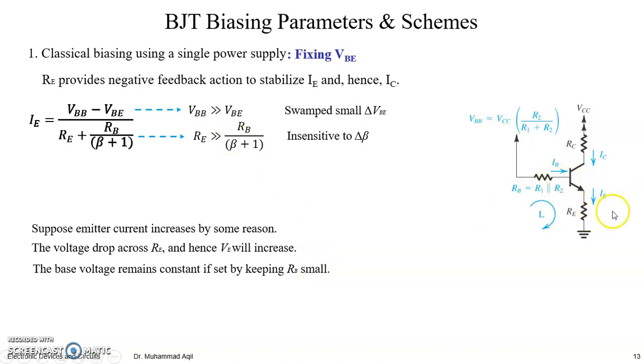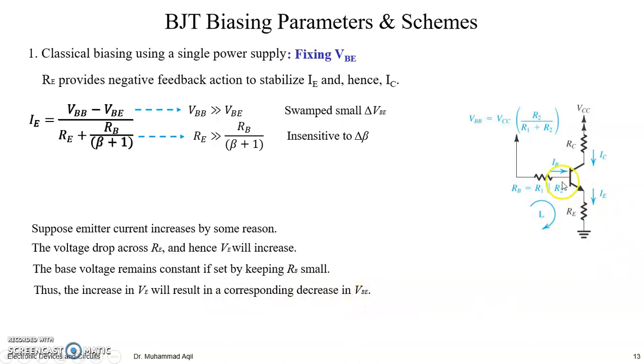Then this fluctuation in IE will only increase VE, but VB would be constant. So let's see what is happening. IE increasing, because of that VE increasing, and if VB is constant, VBE is decreasing. VE increases, VB constant, VBE decreases.